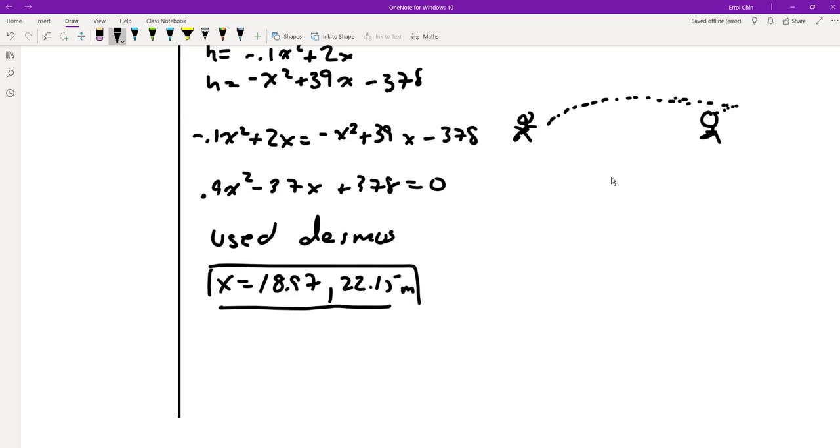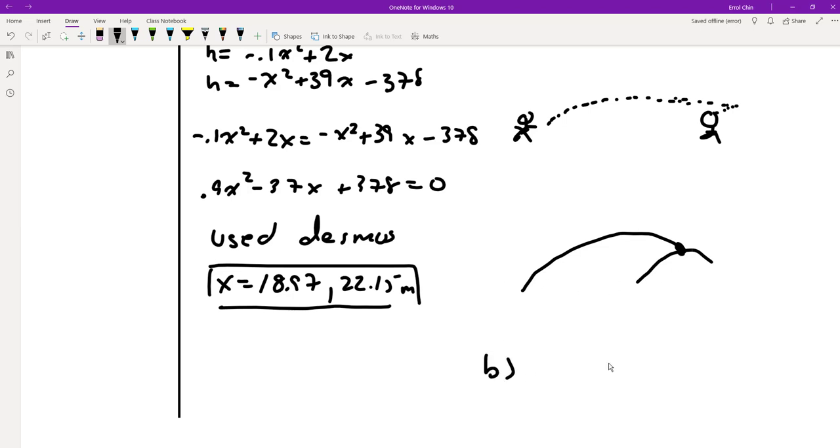All right? The point of intersection is basically, here's the parabola and here's the person jumping up, and the ball and the person jumping up in the air are going to meet, right? And it says here, the point of intersection is where the ball is caught.